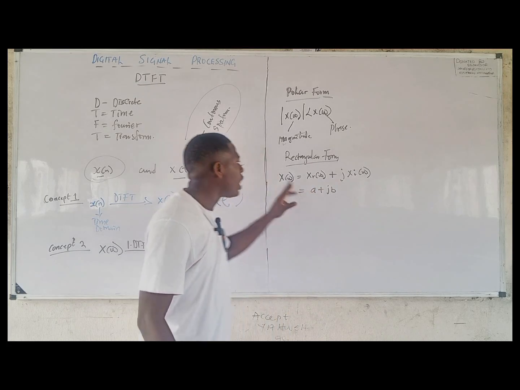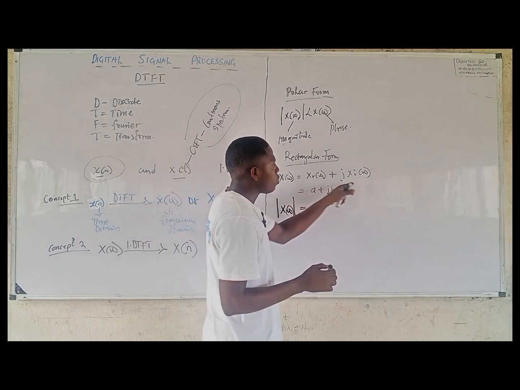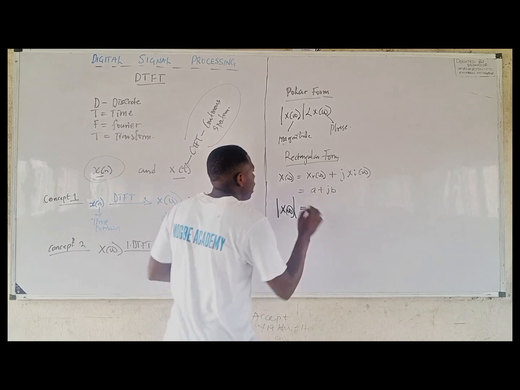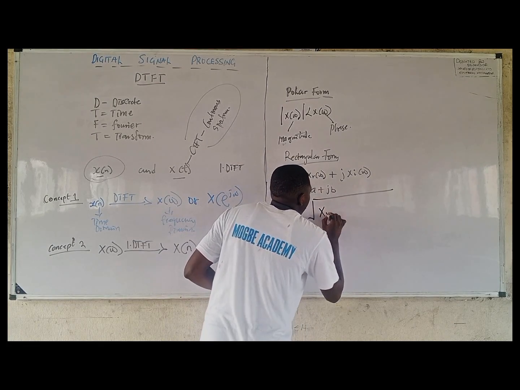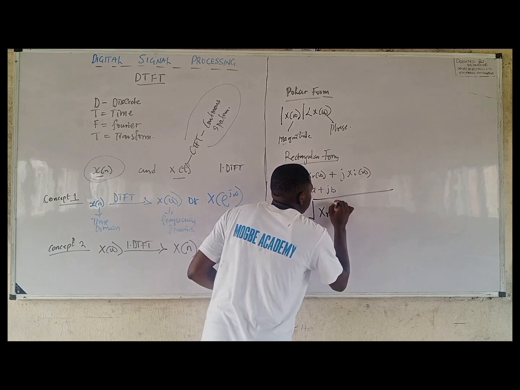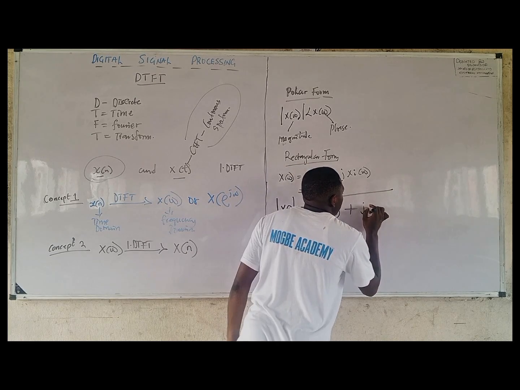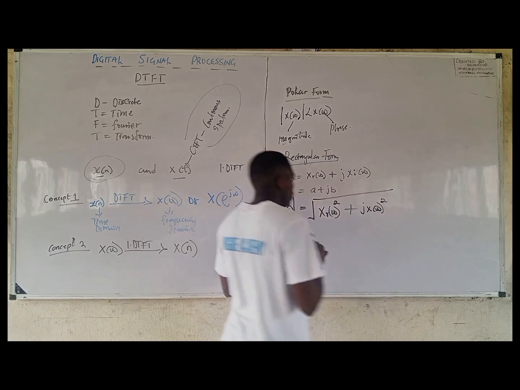Now, for you to get the magnitude of this signal, what you do is square both of them, then take the root of what you have here. Now, you have the square root of S_R(w) squared plus the square of jS_I(w), all squared.